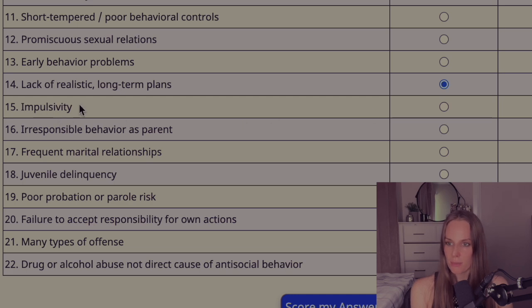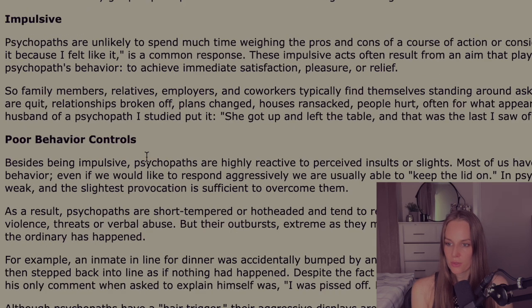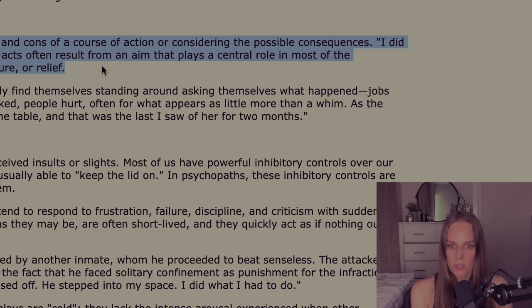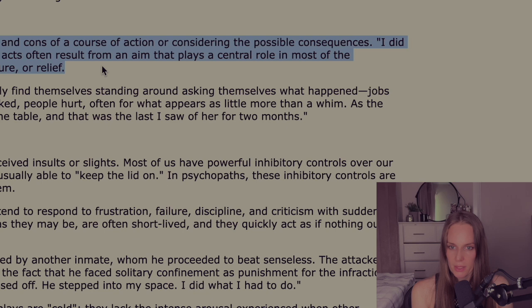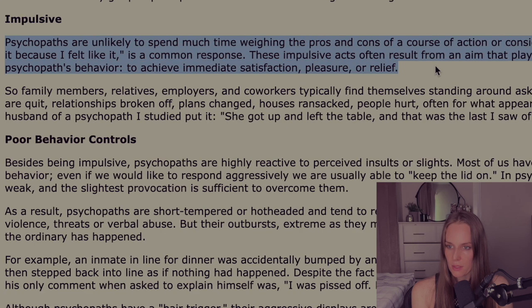Number 15, impulsivity. Psychopaths are unlikely to spend much time weighing the pros and cons of a course of action or considering the possible consequences. "I did it because I felt like it" is a common response. These impulsive acts often result from an aim that plays a central role in most of the psychopath's behavior: to achieve immediate satisfaction, pleasure, or relief.